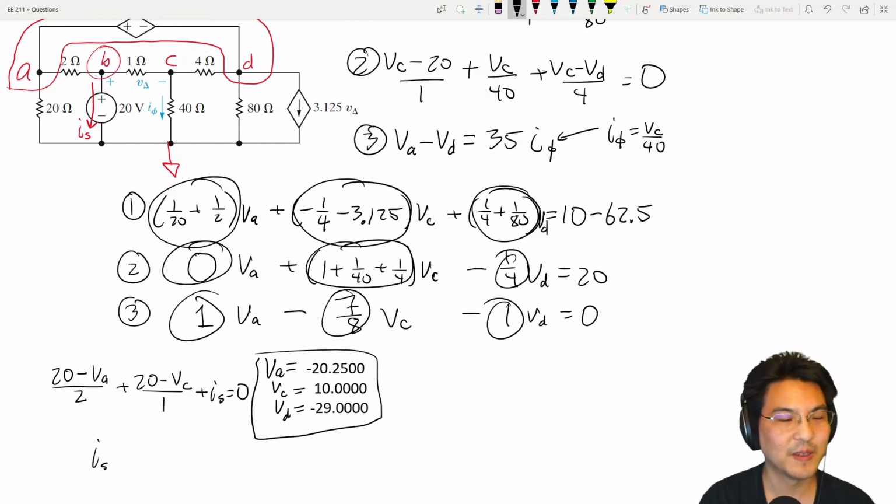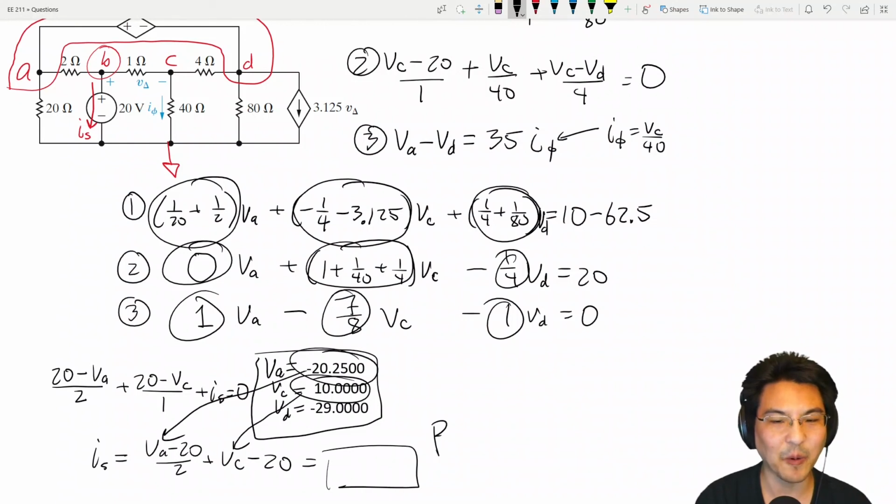So the source current would be VA minus 20 over 2 plus VC minus 20. Okay, and then just plug this in there, plug this in here, and there's the current.